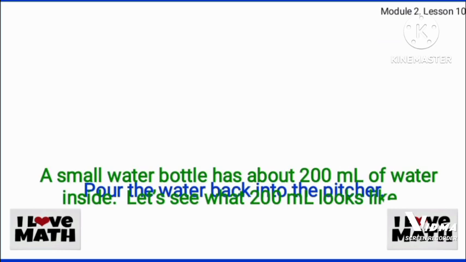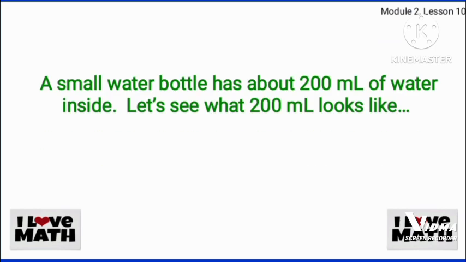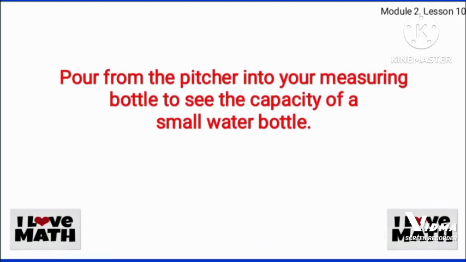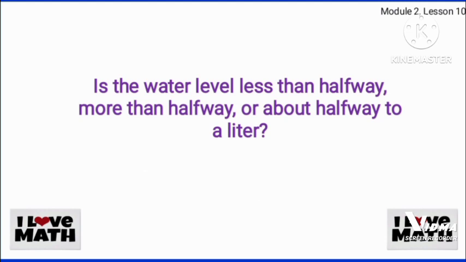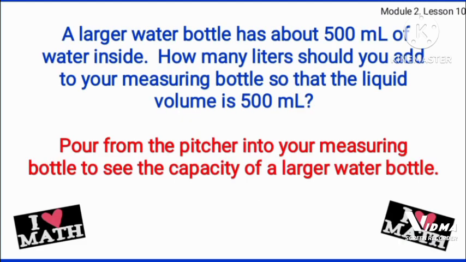Alright, we'll also pour the water back, and then we'll be using different bottles of varying capacities, like a small water bottle that has 200 milliliters of water inside. We'll look at what the volume will be, and then we'll read our measurement.